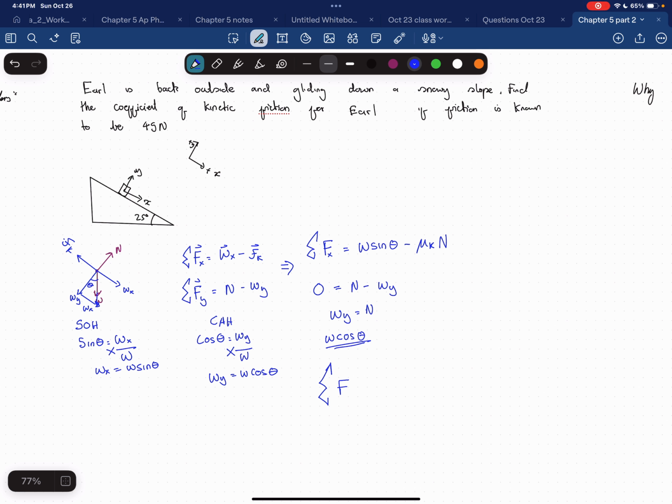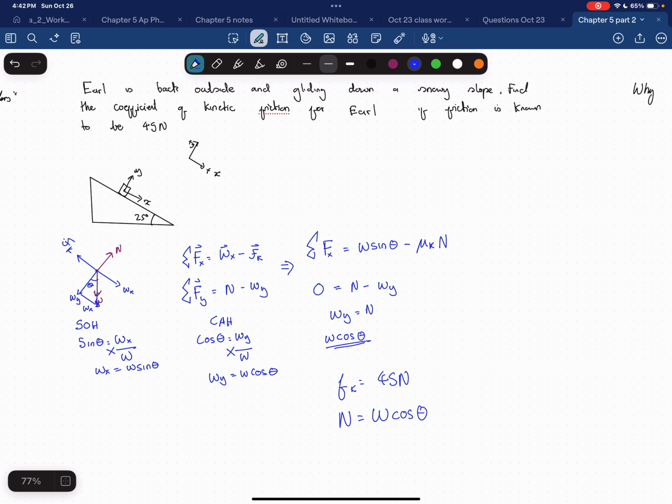Apologies, I think I may have done too much for this problem. Our friction is 45 newtons. And what else do we know? We now know our normal force. Our normal force is omega cos theta.